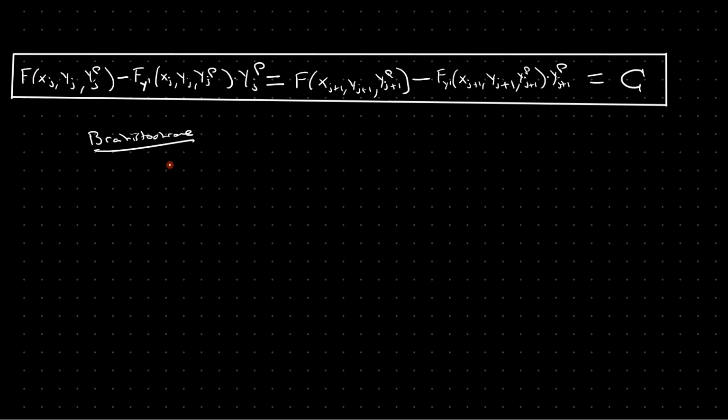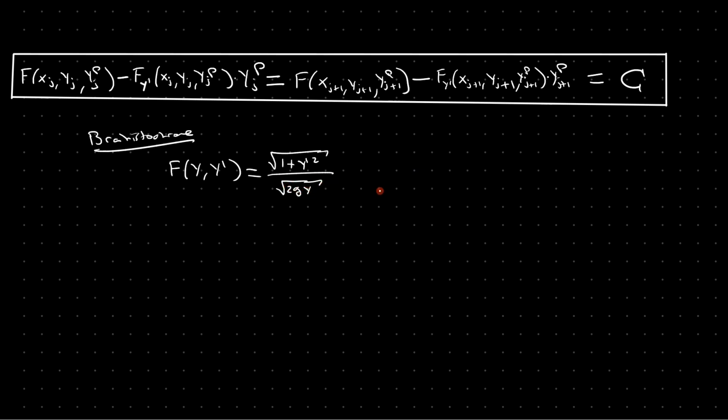For this problem, our function f is really just a function of y and y prime. Specifically, it's the function square root of 1 plus y prime squared over the square root of 2gy.